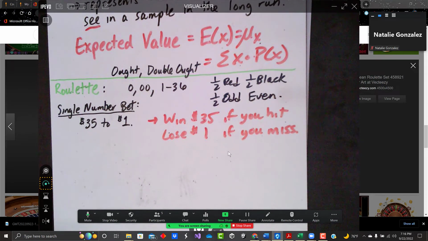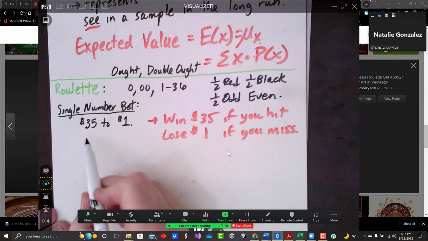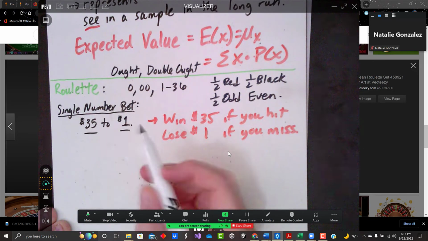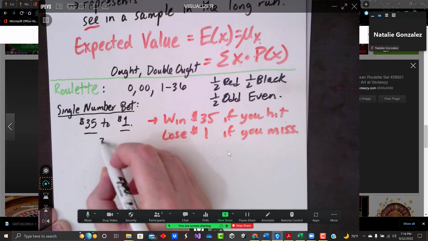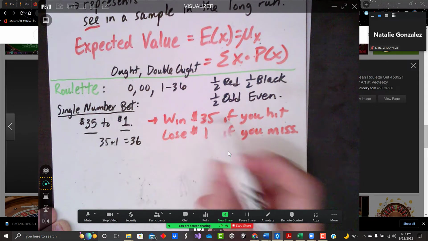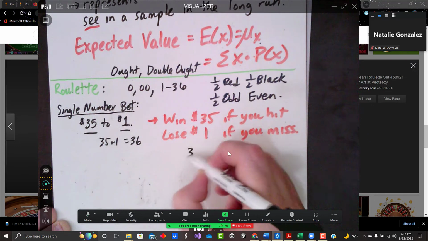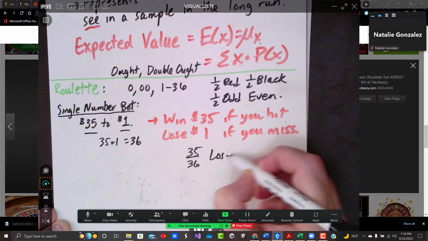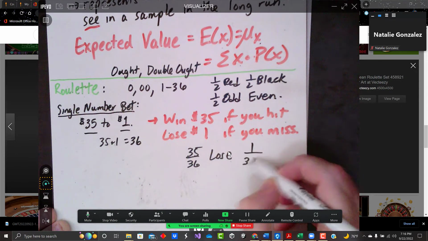The way you can do the probability of one of these without the 0 and double 0 is generally the sum of these two values tells you how many options there are. 35 to 1 says 35 plus 1 is 36 options. So there is a 35 out of 36 chance you lose and a 1 out of 36 chance you win.